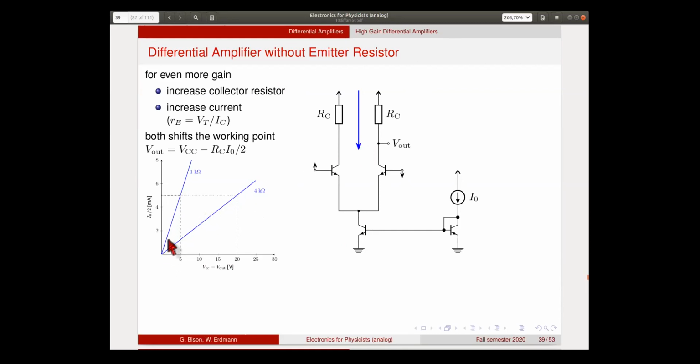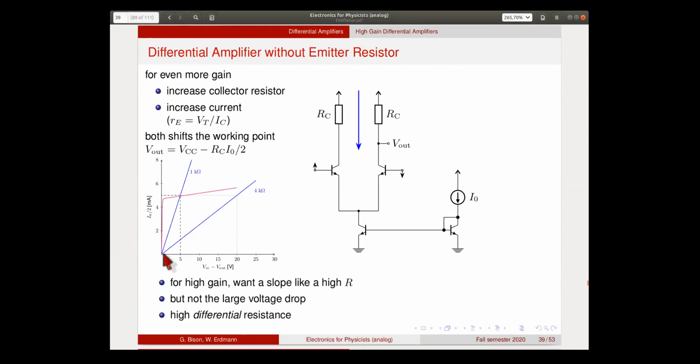So what we really want is a high differential resistance, but we don't want the large voltage drop. The IV curve of what we want here instead of these resistors would look like this. So it has a high differential resistance. In this case, it would look like a very flat curve, but it doesn't create the large offset that a high resistance would have.